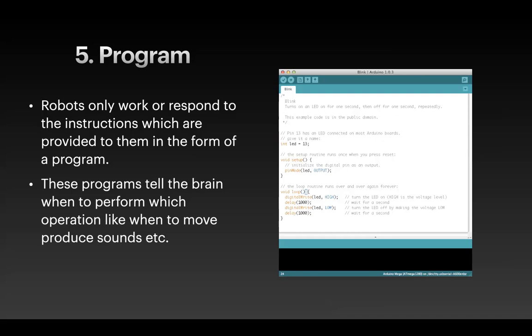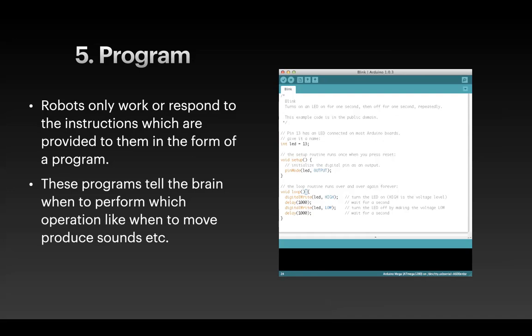And how are we giving these instructions? By coding, in the form of a program, in the form of a code. That is how we give robots instructions. In our case, we are using the Arduino IDE or Arduino language. We can say it's C language.